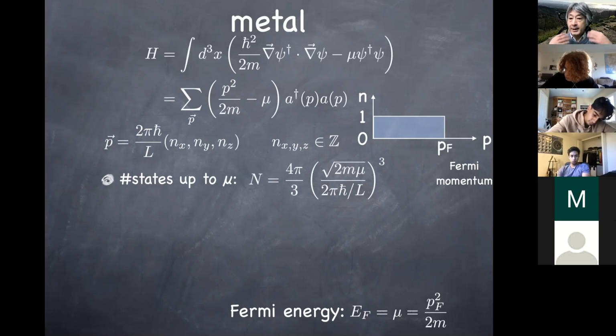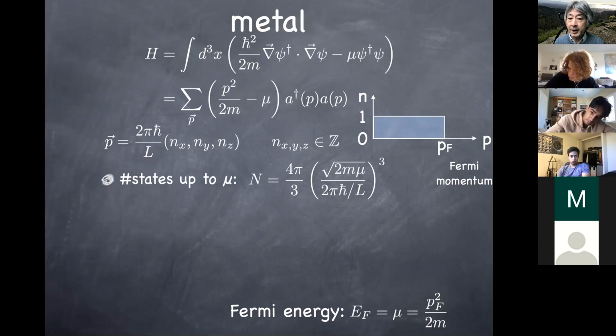Then you know how to count the states. Then you can come up with the number of particles in the system up to the Fermi energy. And that turns out to be this quantity, namely that the Fermi energy is given by mu, and the Fermi momentum is given by the square root of 2m mu. So this is the Fermi momentum.